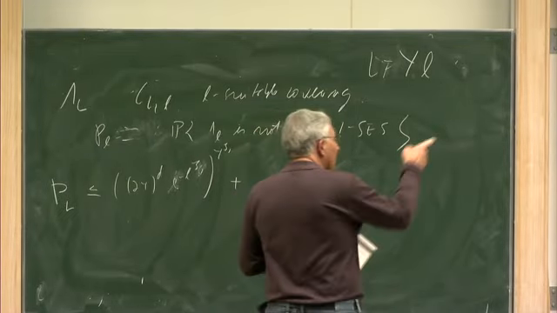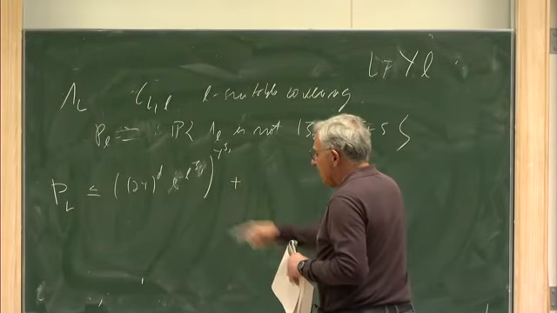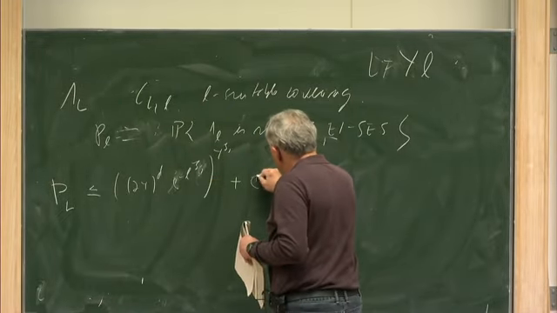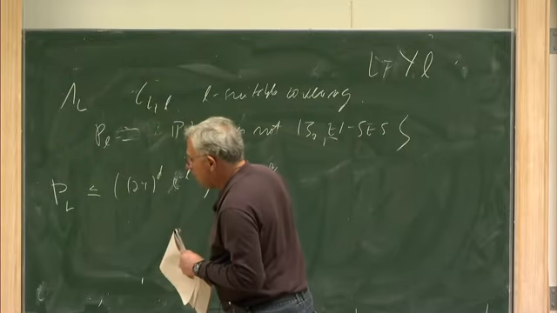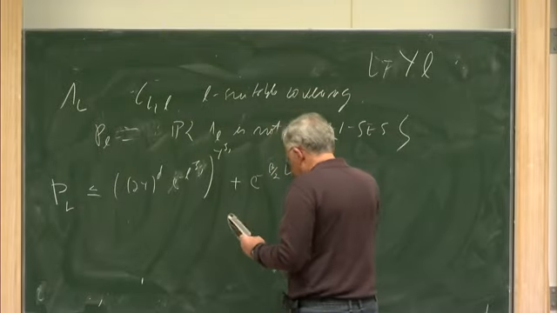I am going to get a contribution from that, calculated here, e to the minus beta over 2 L to the phi.